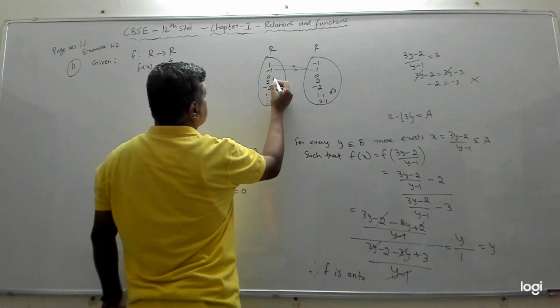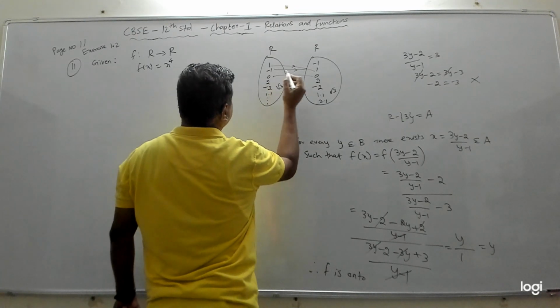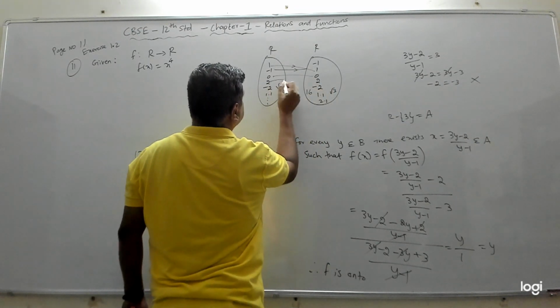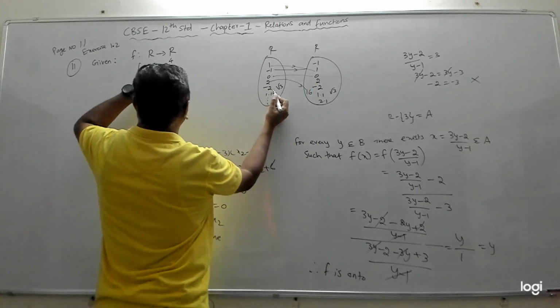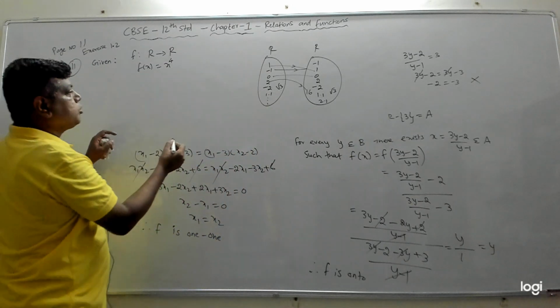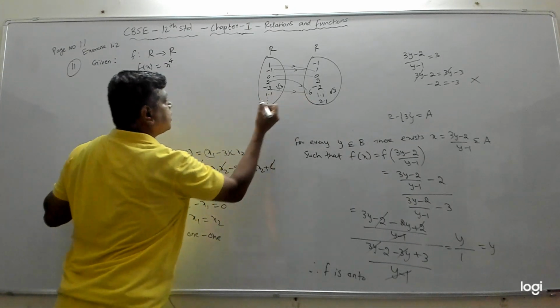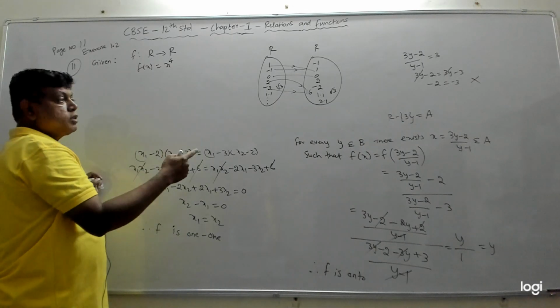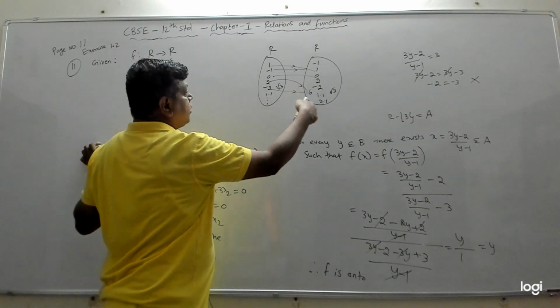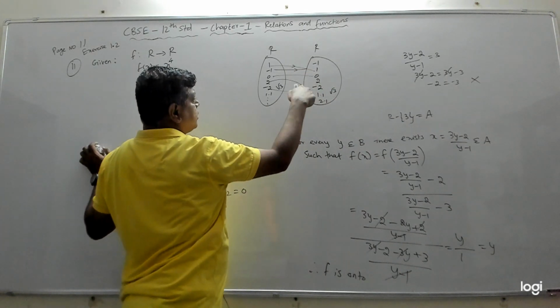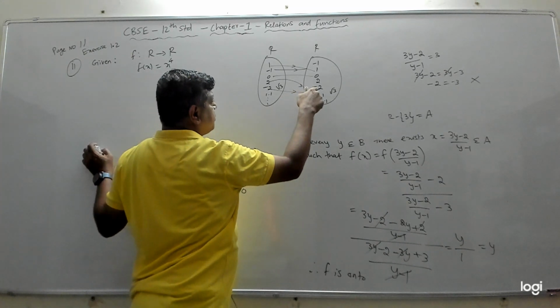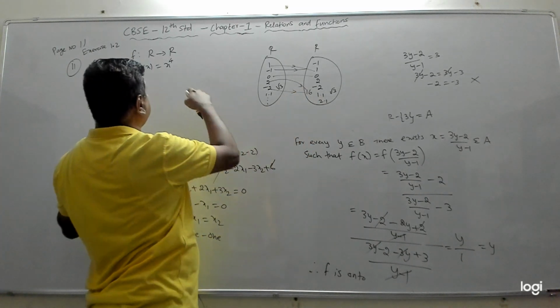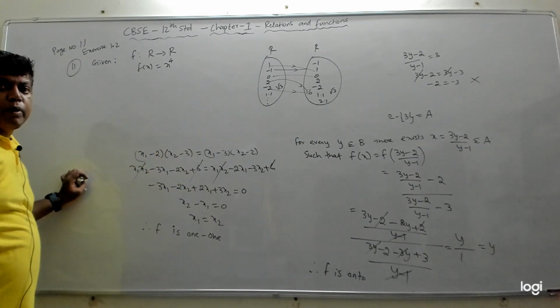Also 0 goes to 0. 2 goes to 2 power 4, which is 16. Minus 2 is minus 2 power 4, so minus 2 also goes to 16. If you see all these numbers, x power 4 is always positive. It will never become negative.